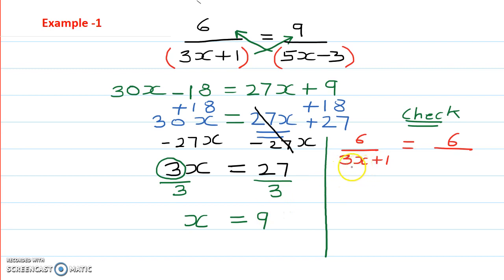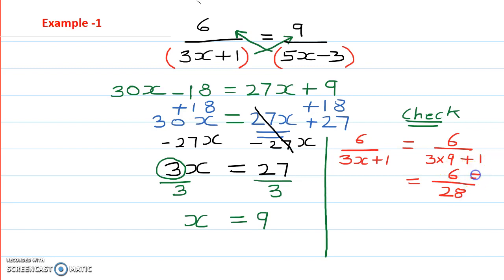If there is no sign in between, it means a times sign. So 3 times 9 plus 1. The numerator is 6, 3 times 9 is 27 and 1 more is 28. So we got 6 over 28.